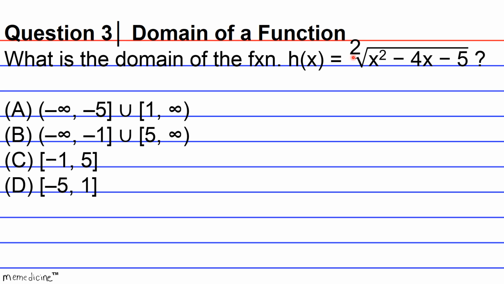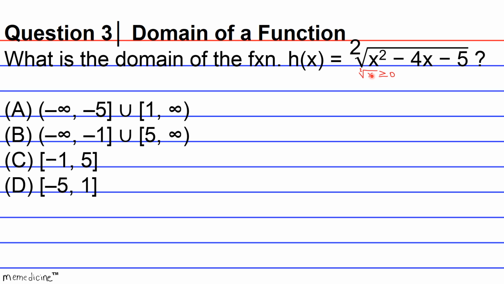This is why I put the number 2 here, because it's an even index radical. It could also be 4, 6, 100, you name it, must be greater than or equal to 0. So the radicand underneath the radical sign with an even index must be greater than or equal to 0. This greater than or equal to 0 is referring to the radicand, okay?